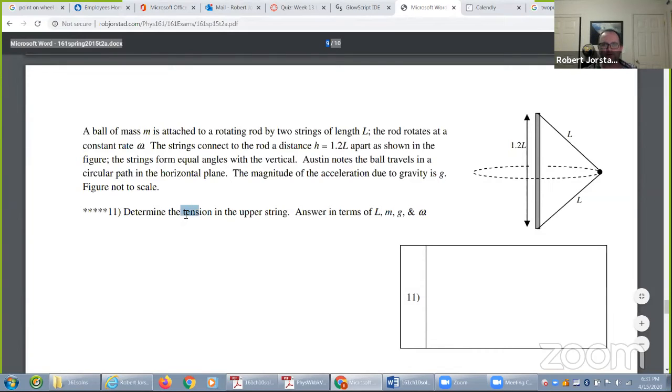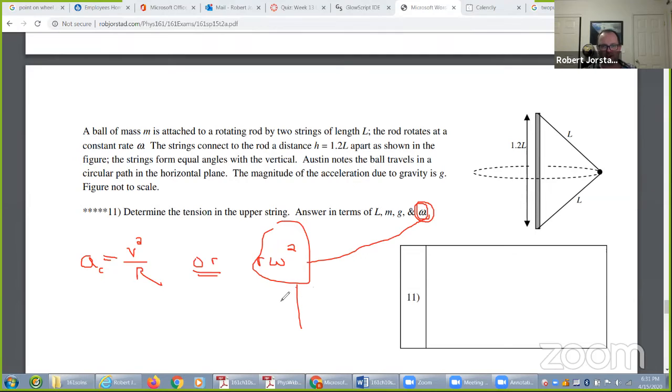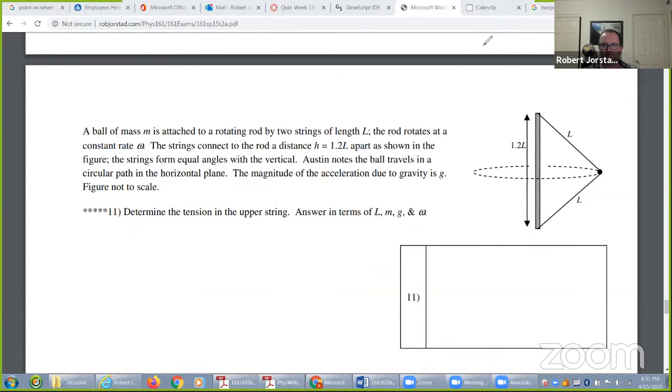Hey, people, don't forget, on your equation sheet, you know that A equals... if you see omega in the question, you might want to use this for AC. If you see V in the question, you might want to use that for AC. Okay.